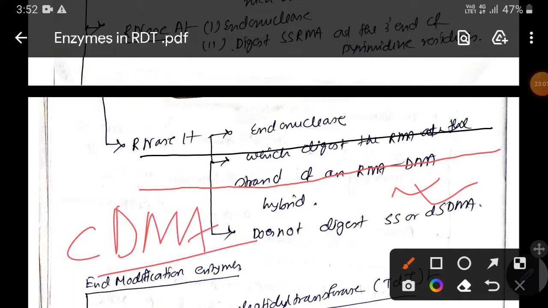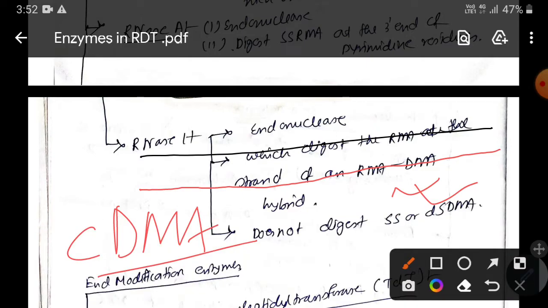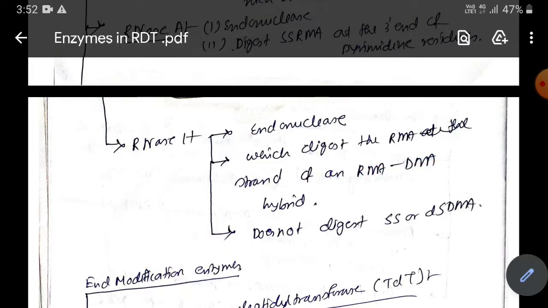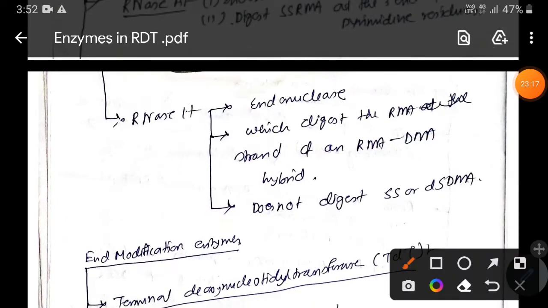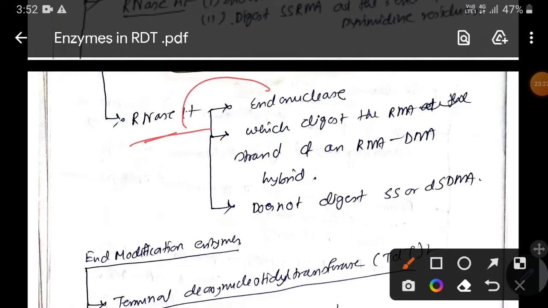Now RNase H will come into the picture and it will degrade the negative sense RNA molecule just like that, so that there will be only a single stranded DNA molecule. So we are now using RNase H also for our own purposes, and it is an endonuclease.